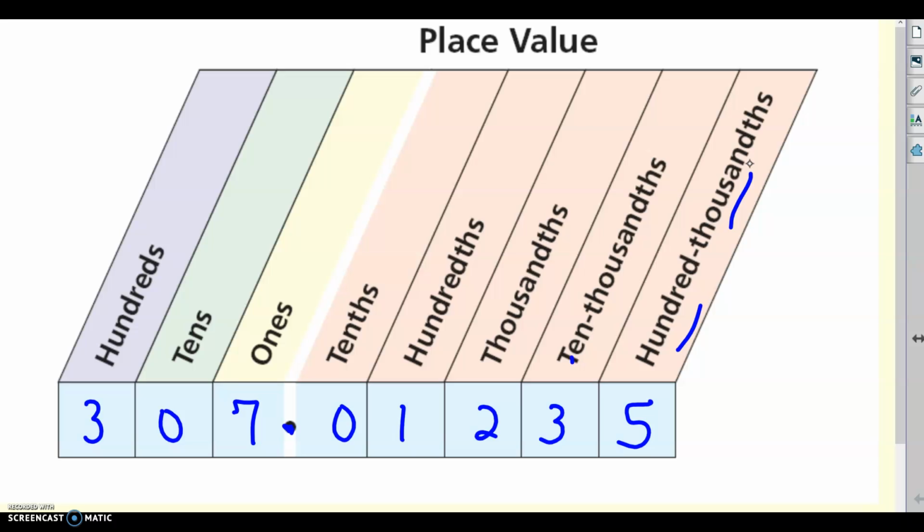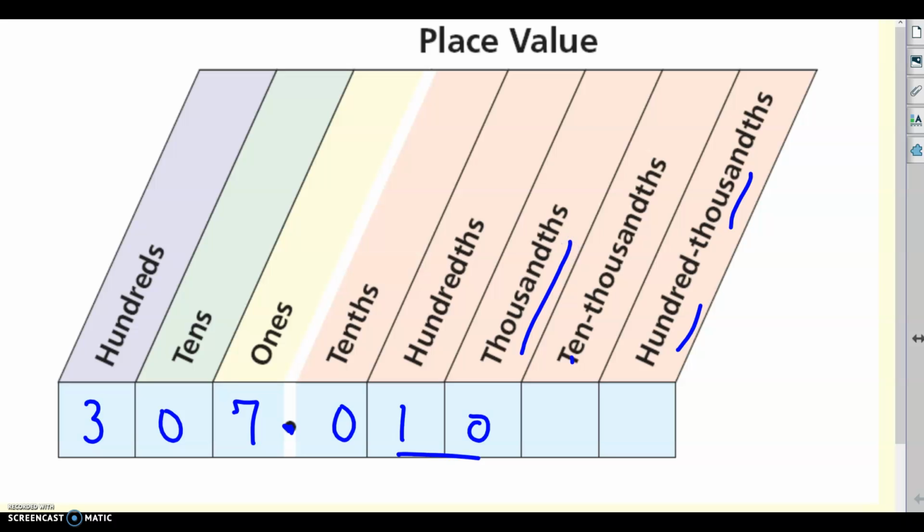What if we have something like this? Let me erase a little bit here. What if we have this number right here? Okay, 307 and 10 thousandths, because that 0's in the thousandths place.